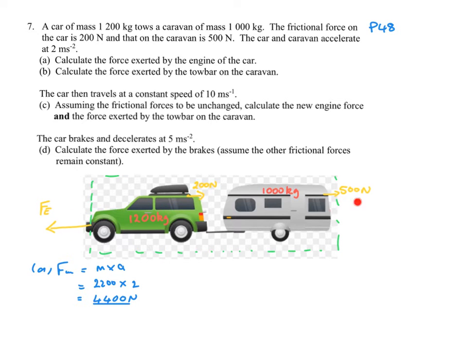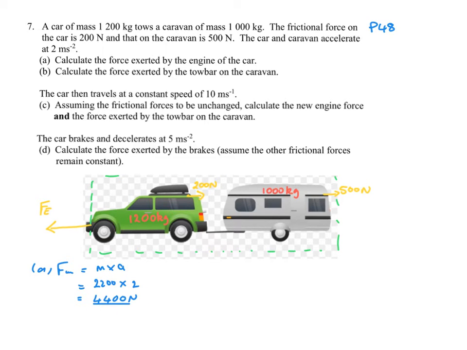When you take the 700 newtons away from the engine force, it will give you this unbalanced force. That's why we write the formula as F_un equals m times a, because what we calculate here is the unbalanced force. So the engine force would have to be 700 newtons greater than the unbalanced force, so that when you subtract the 700 newtons from it, it will give you 4,400 newtons.